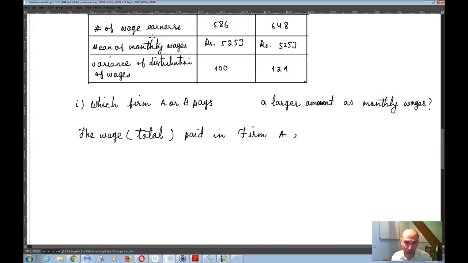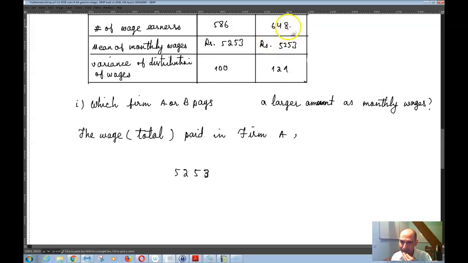But you can take this as a mean value of all of those values, and then multiply it by the number of wage earners, which is going to give you 5253 times 586.